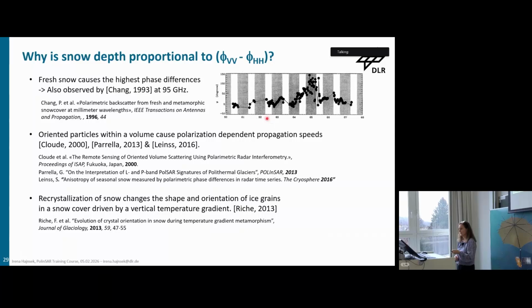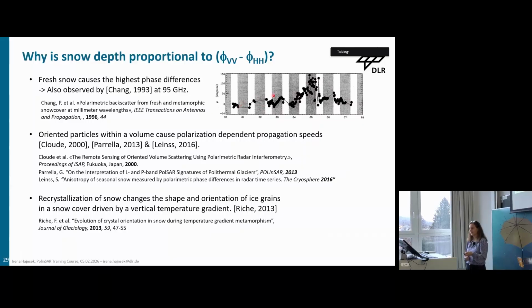And you see here fresh snow was falling, and therefore you have a very strong change. And you have seen it already before, also on the Aletsch Glacier, that when we have more melting ongoing or surface scattering, we have low separation between HH and VV. They are very close to each other, so we have zero phase. But then when the snowfall comes, and you see it here, we have a very strong phase difference. So that's one observation that has been made.